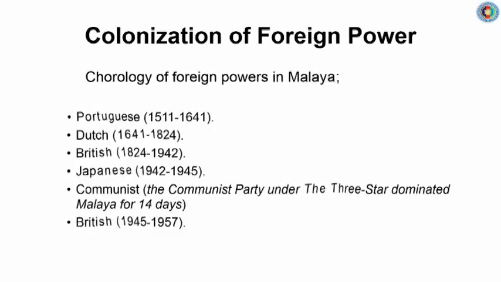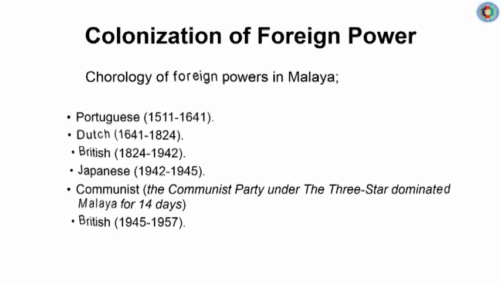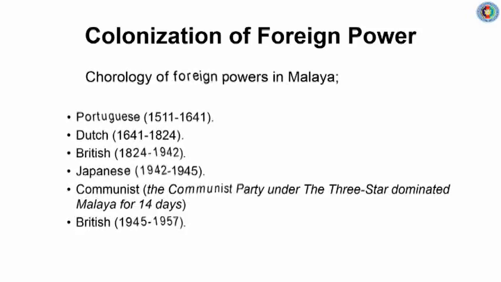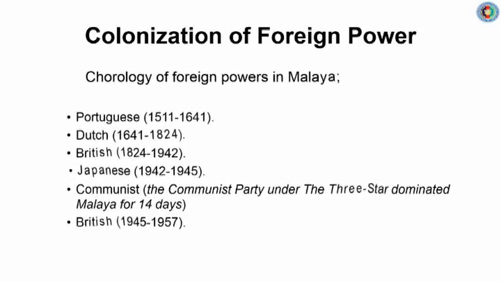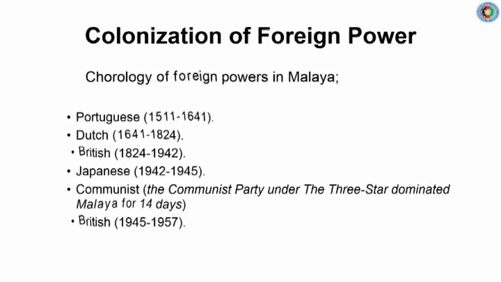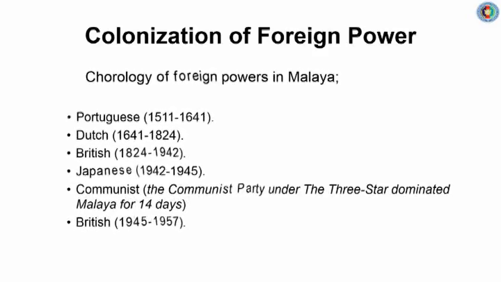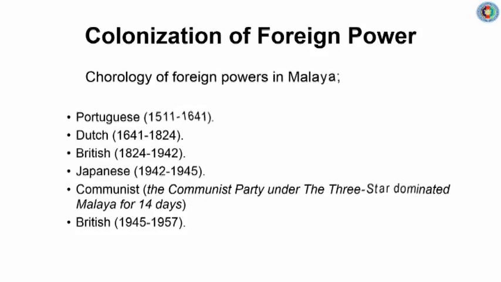Factors that attracted the Portuguese: the spice trade, the zeal to spread Christianity, the impact of the Crusade. The King of Portugal encouraged his people to navigate to foreign lands.